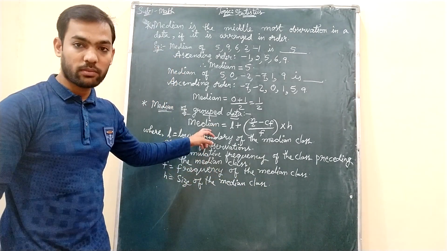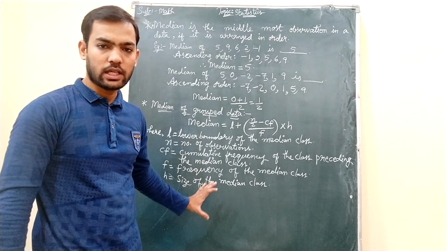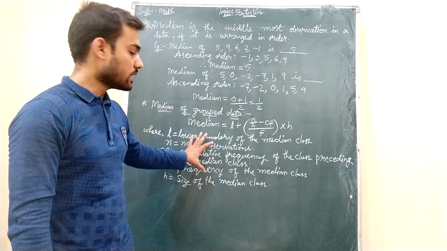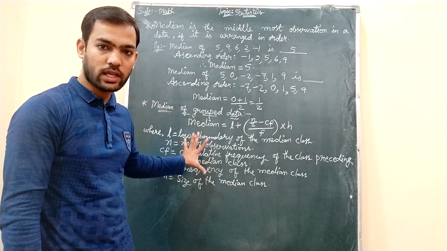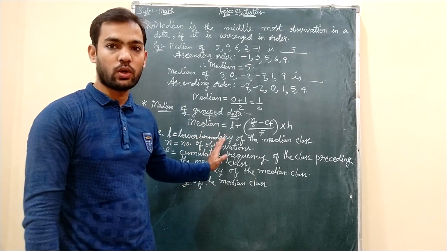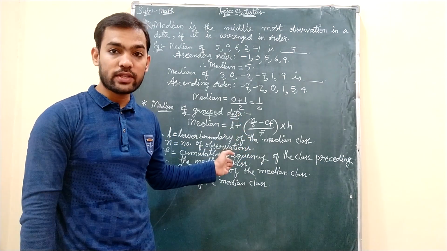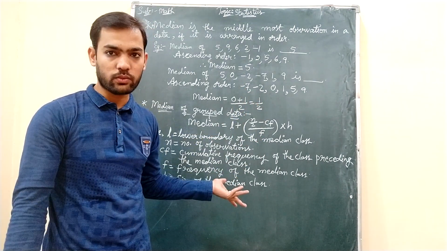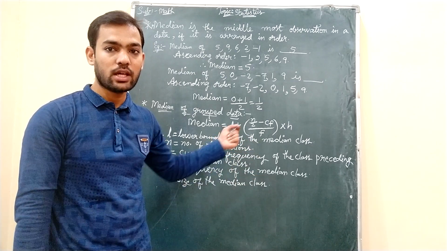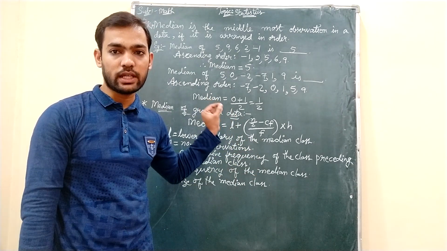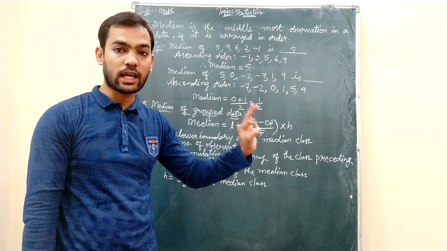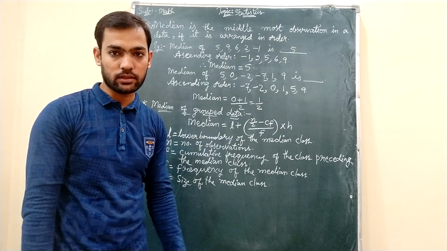You need to learn the formula as well as this term explanation. No need to go for rote memory type learning. Just if you understand, it is very easy. L stands for lower boundary of the median class. F stands for frequency of the median class. H stands for size of the median class. Very easy. N stands for number of observations. Only this CF you need to learn very carefully. Cumulative frequency of the class preceding the median class you need to take.